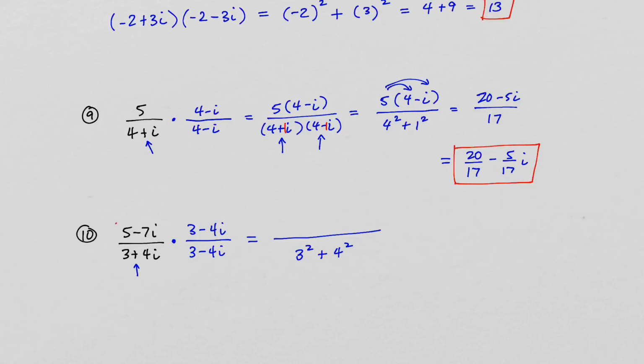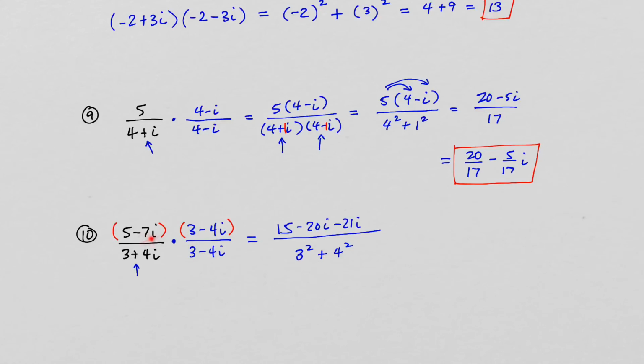And now for the numerator, you need to make sure you go through the entire FOIL procedure. And so 5 times 3 is 15. 5 times negative 4i is negative 20i. Negative 7i times 3 is negative 21i.